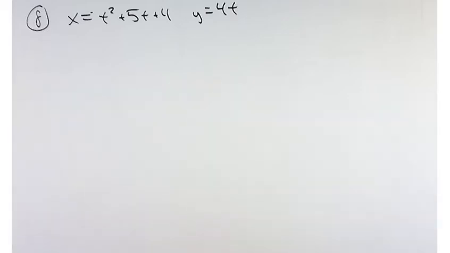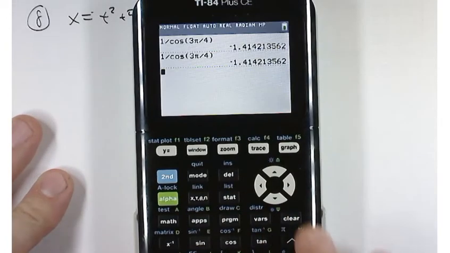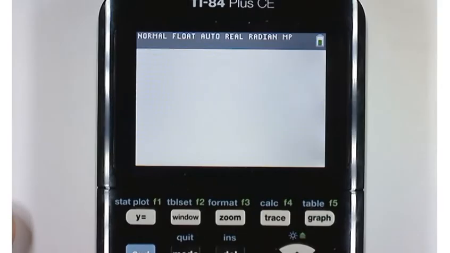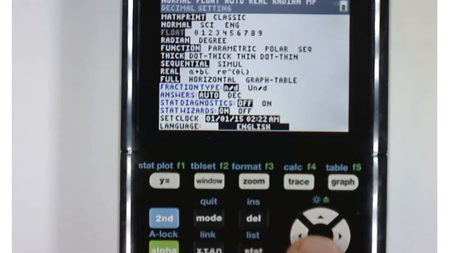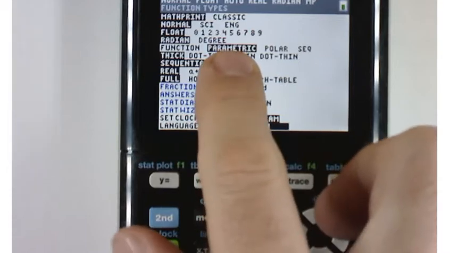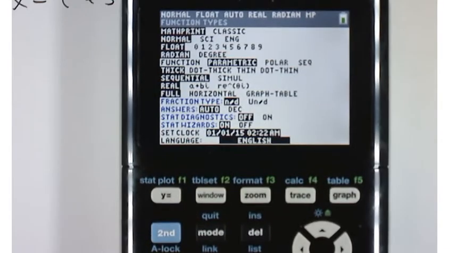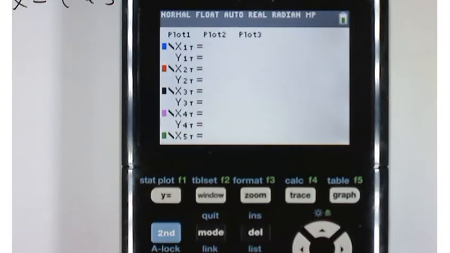Let's see about graphing that on our graphing calculators. To do that, we're going to change the mode on our graphing calculators. To graph this, we want to be in parametric mode. So hit the mode key, go down to parametric, and press enter on parametric. When you've done that, when you next hit the y equals key, you're going to get a different display than what you're used to.